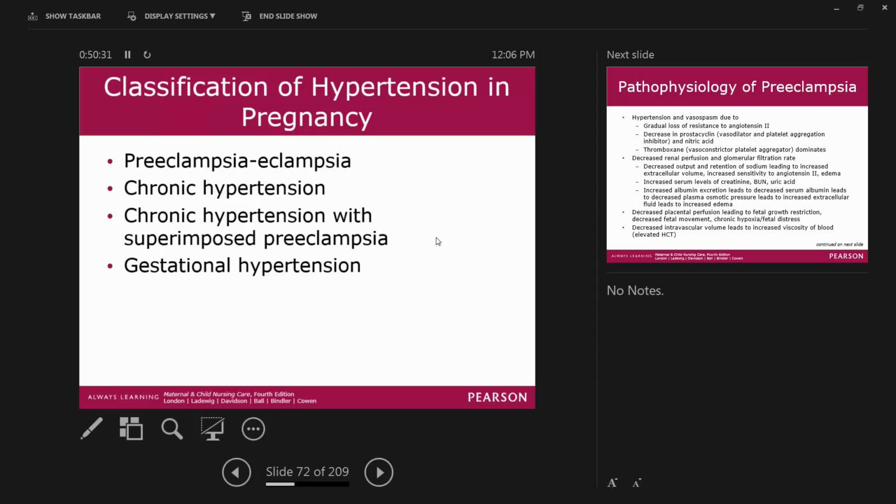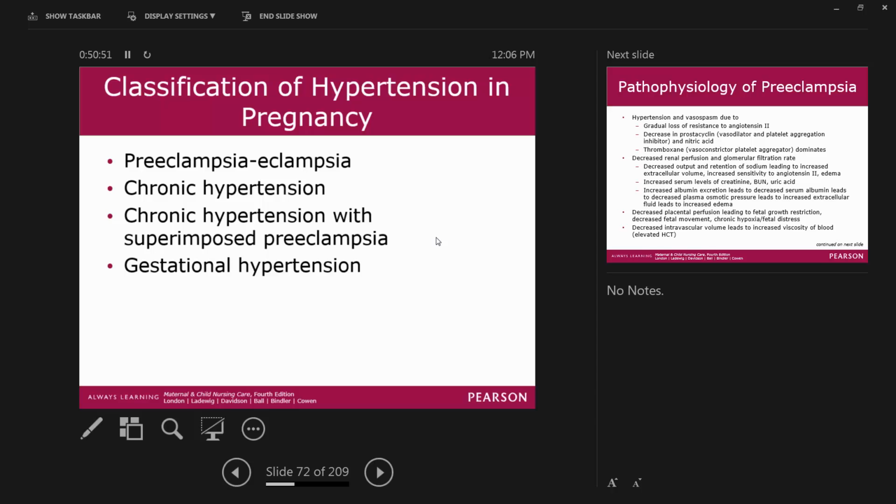Basically, in a nutshell, preeclampsia is diagnosed with an elevated blood pressure, and we'll get to those slides, and she's spilling protein, proteinuria. Those are the criteria for diagnosis of preeclampsia, and they diagnose this usually after 20 weeks.